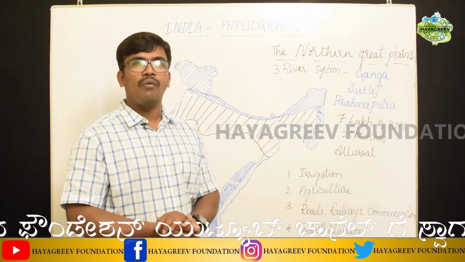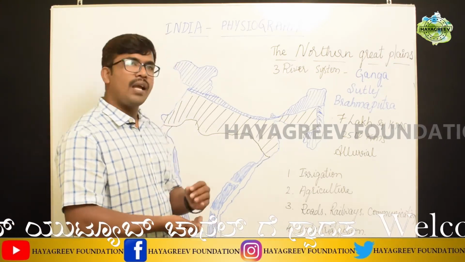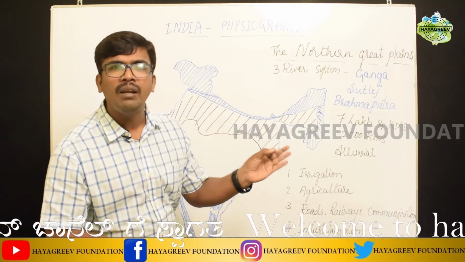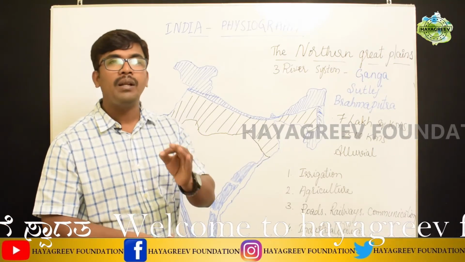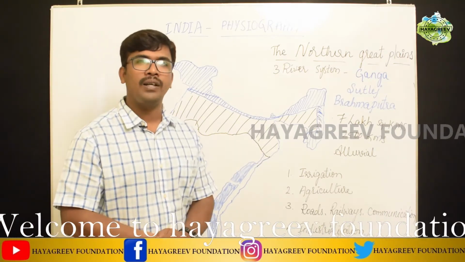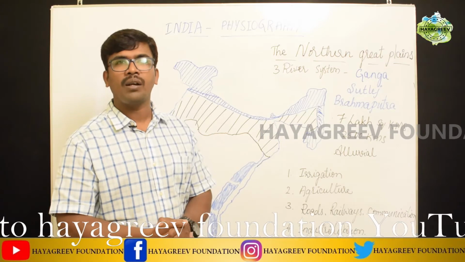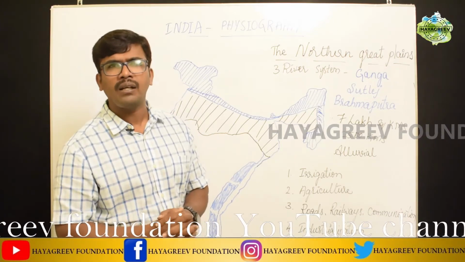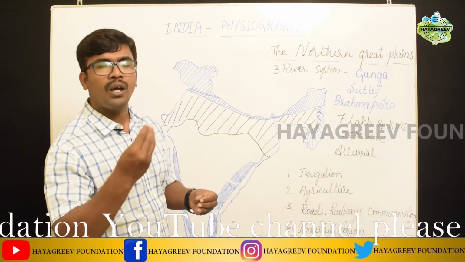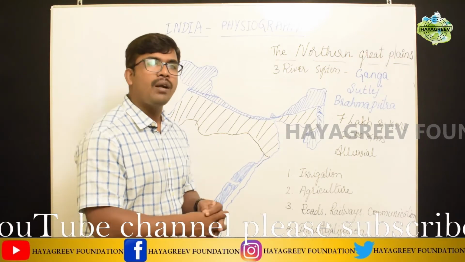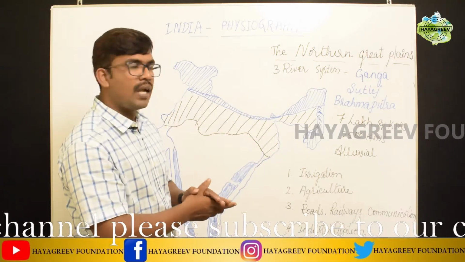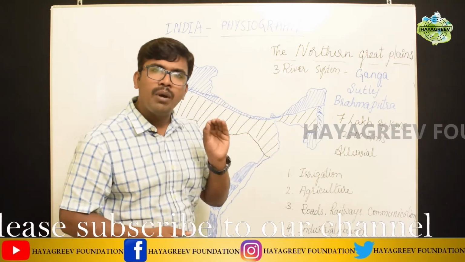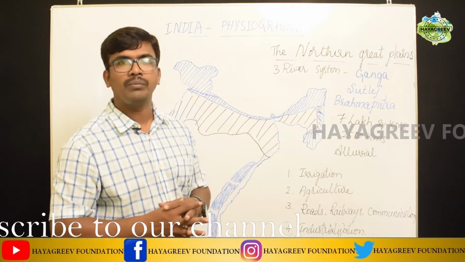And one more very important thing is that it has many pilgrim centers, like Kashi, Rishikesh, Haridwar. Many pilgrimage centers like this are there, so it attracts tourists also. Because of all these features, the number of people in this land is more.